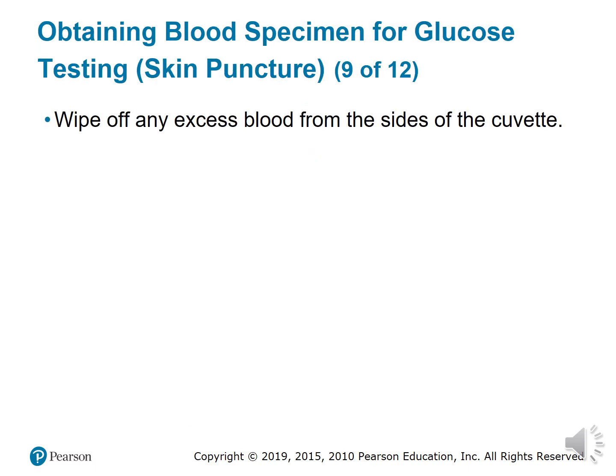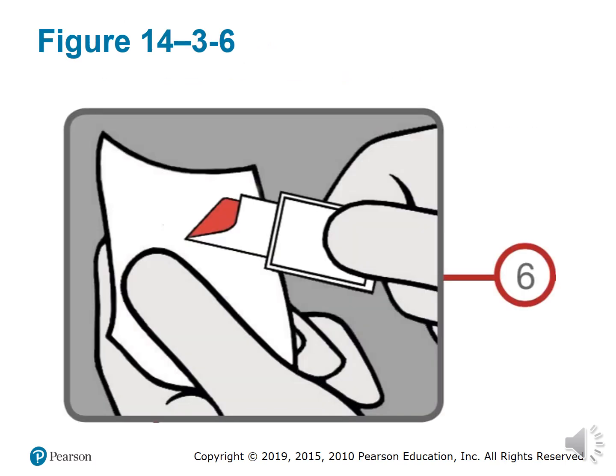Wipe off any excess blood from the side of the cuvette, such as this, because it goes into the machine. We don't want to contaminate the machine with excess blood, because it's hard to clean inside the machine. So we have to make sure the device that goes into the machine is wiped off properly.